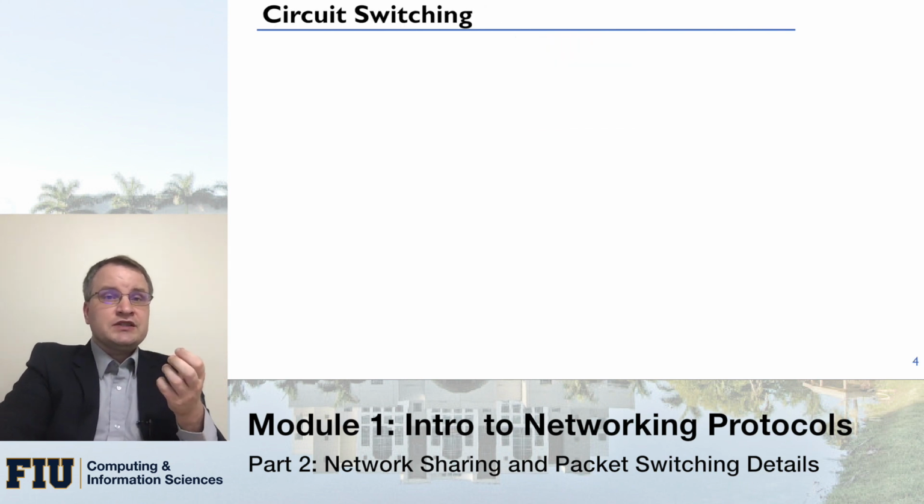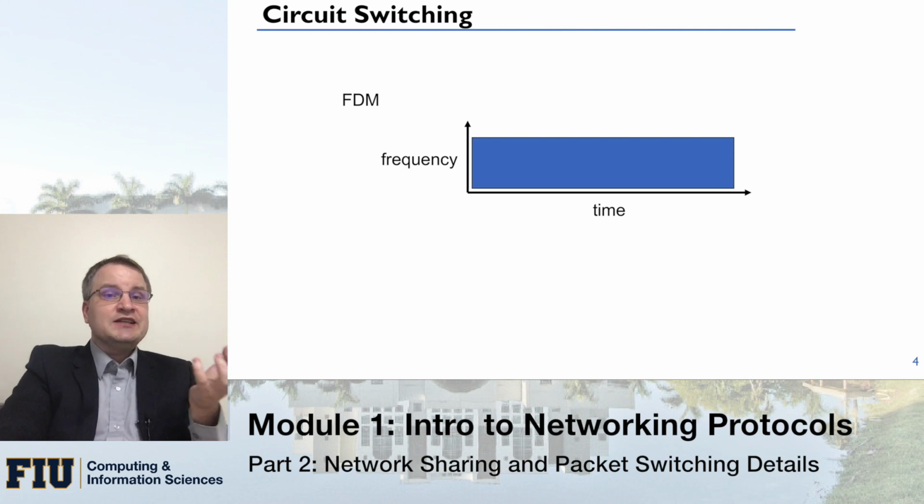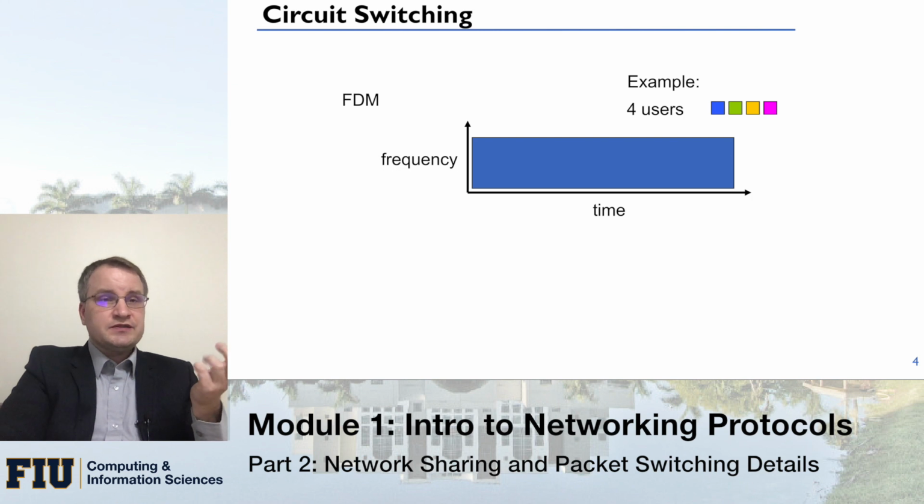Okay, so let us talk about what circuit switching is, and what FDM and TDM are. Let's take this small picture as an example of FDM, or frequency division multiplex, and see what we can do with this media in the frequency/time domain.